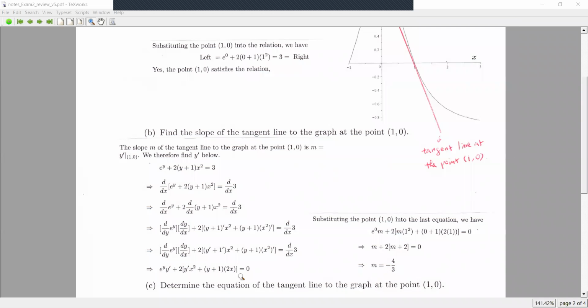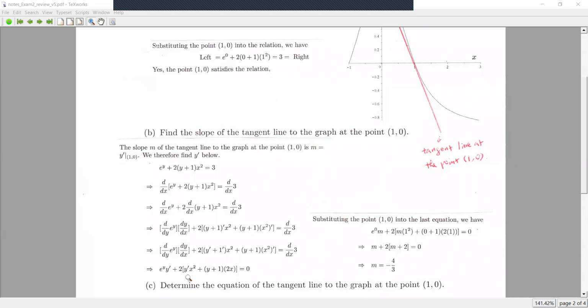Solve this equation for y prime, then plug in the point (1, 0) into y prime to get the slope of this tangent line. But we don't have to solve the equation for y prime and then plug in the point to get the slope of the tangent line.